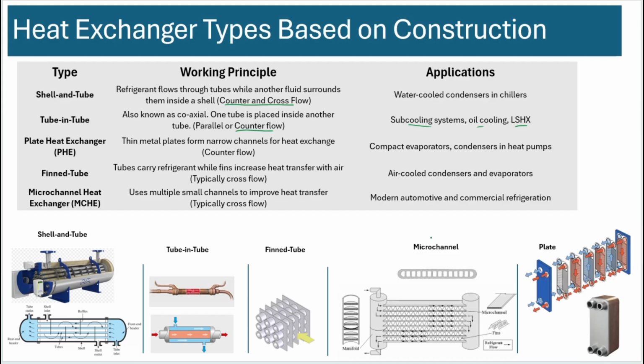The plate heat exchanger, which is the last one here, is basically a lot of small, thin metal plates arranged parallel to each other, and there are gaps between these plates, and that's where the fluids flow through.